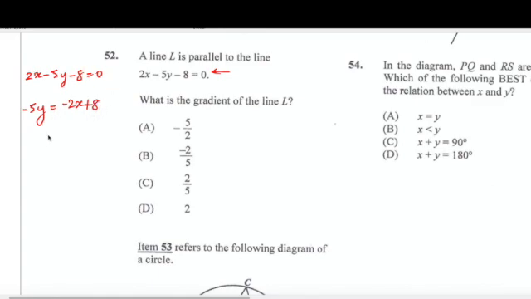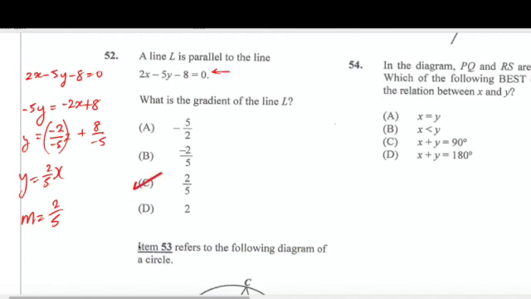Throw the 2x and the 8 over, and so y will be negative 2 on negative 5x plus 8 on negative 5. This is the only thing I care about. Y is 2 over 5x there. So we see m is 2 over 5, and a parallel line will have the same gradient, and so 2 over 5 is it.